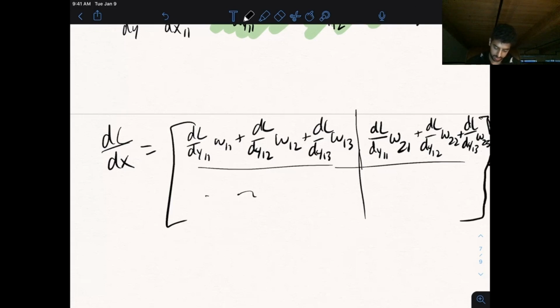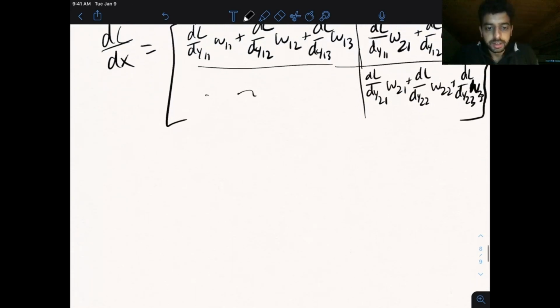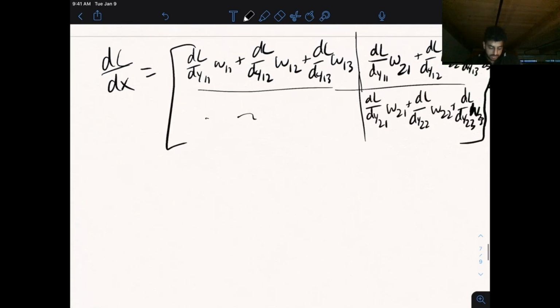Let me just divide these to make it more clear. And we can also just write out this one in case you want to go back and make sense of this. dl dy22 w22 plus dl dy23 w23. All right, that's a little messy.